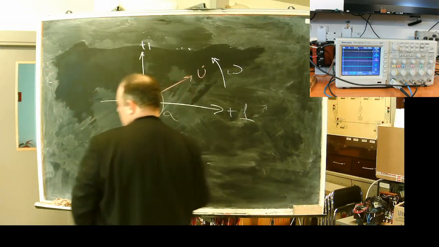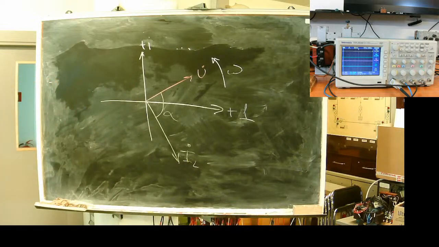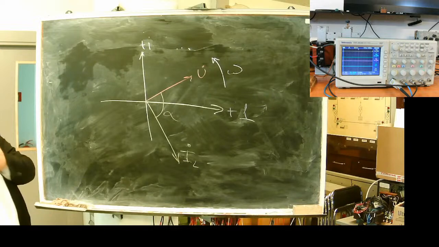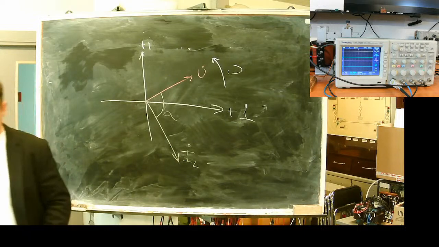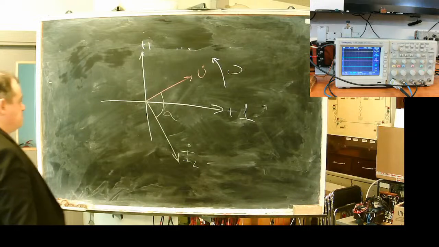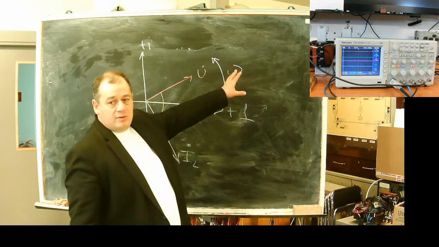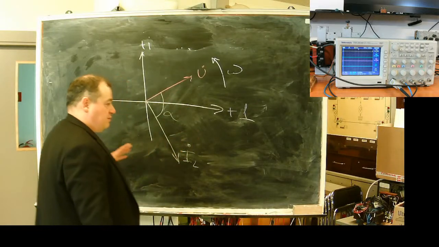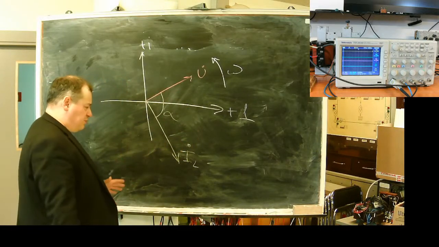One key moment: since frequency is one and the same for all vectors, they all rotate synchronously, we can omit omega. There is no need, until we have a different frequency in our schematic, or two, three, multiple frequencies.